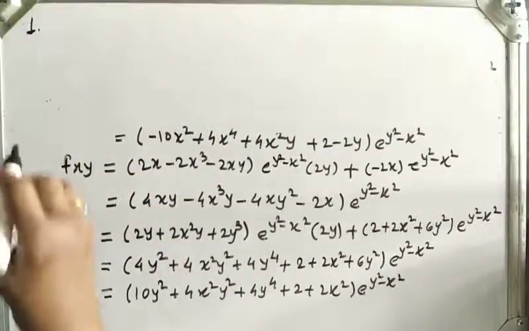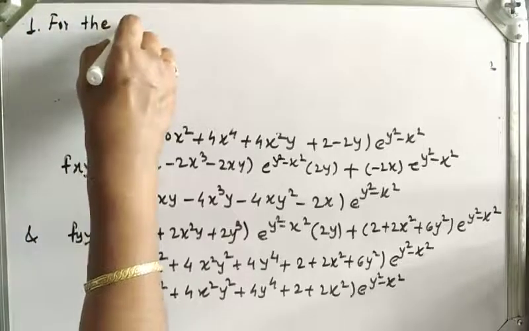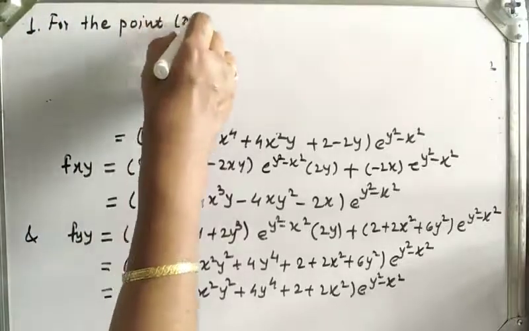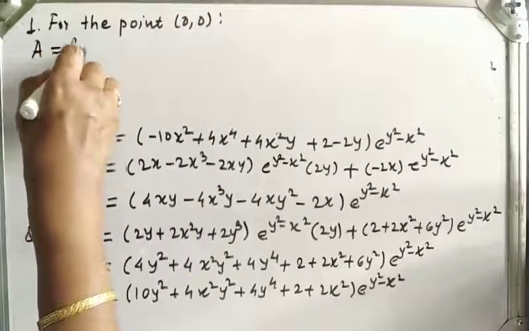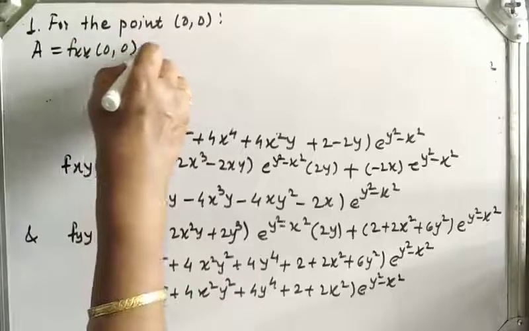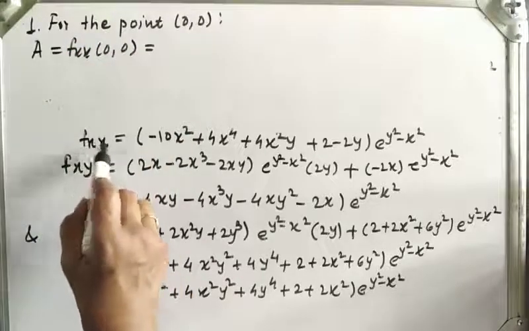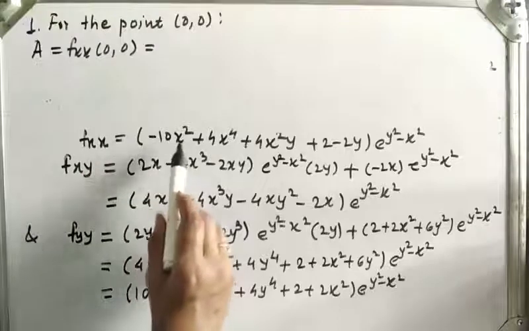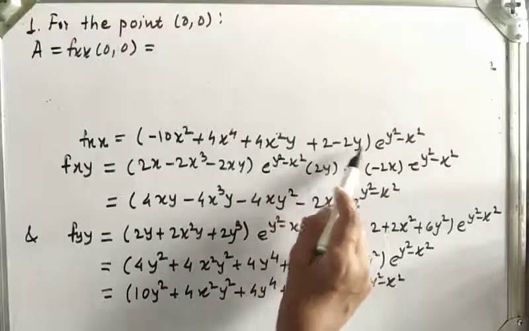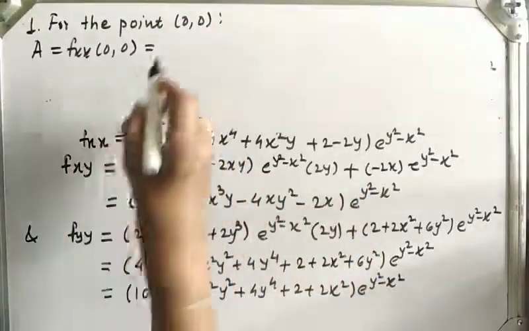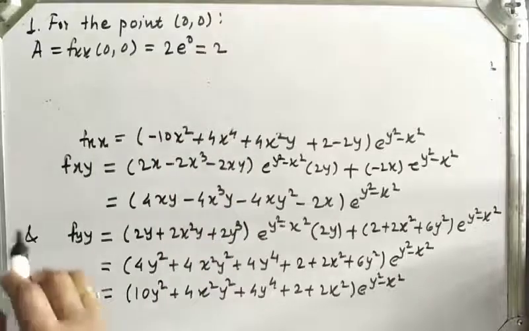First, for the point (0, 0). So A, that is fxx at point (0, 0). What will be that? This is our fxx. Keep x = 0, y = 0. So that will be 2 into e⁰, that will be 2.